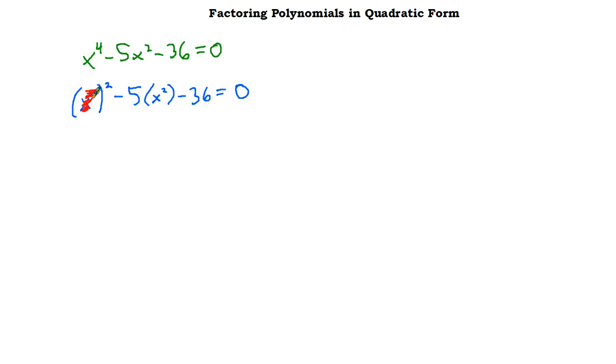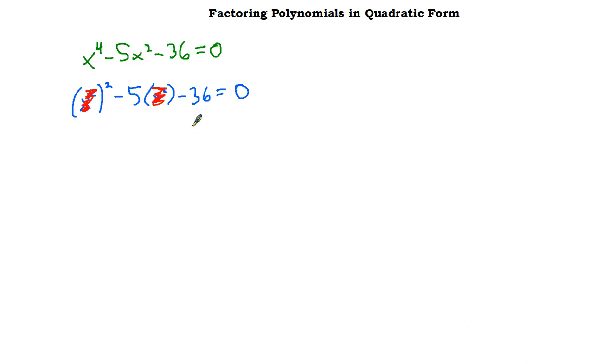If that's the case, then essentially what we have, actually I'm going to go ahead and scratch it out so you can just see. We have something squared minus 5 times something, right? Who cares what that is? Minus 36. In the past, when we had x squared minus 5x minus 36, what we would do is something like this.